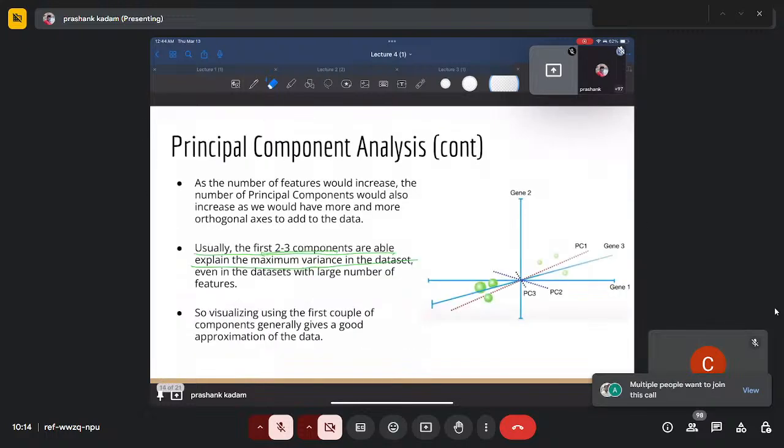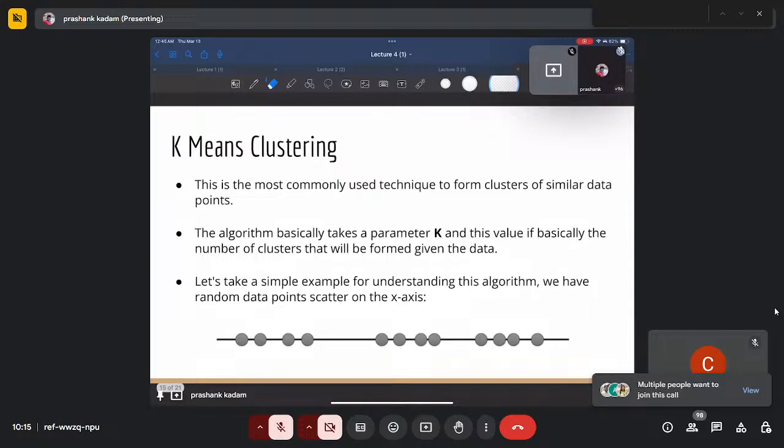If anyone has any questions on principal component analysis, please feel free to ask. All right, so I will move on to k-means clustering now.